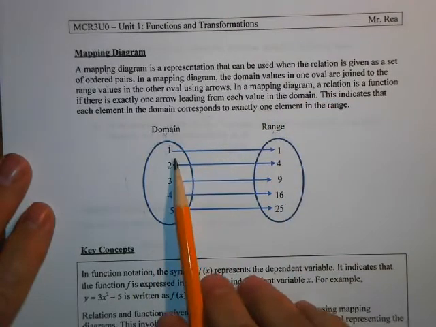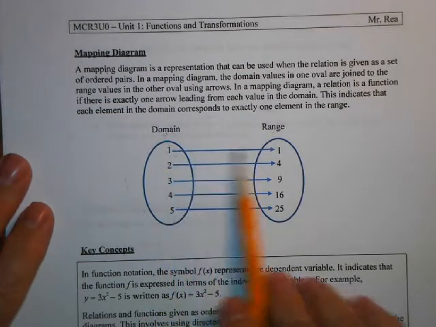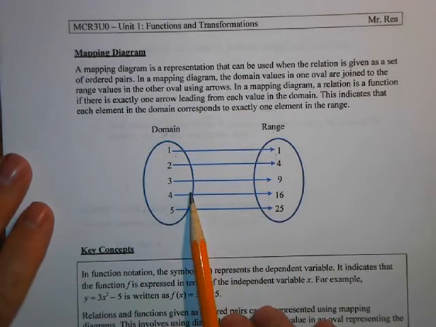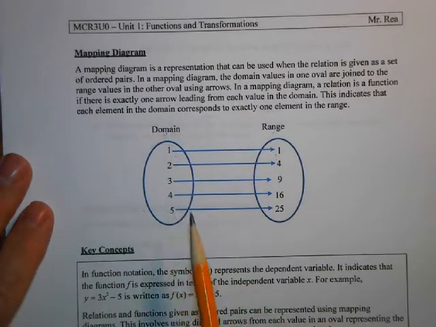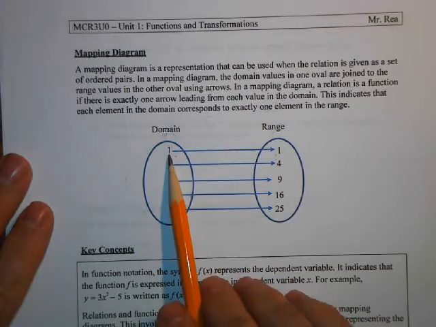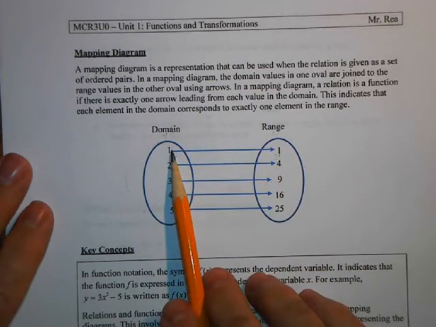Okay, and here's where the mapping comes in. You draw a line from the domain values towards the range values. Now, you don't just randomly pick it. We'll see some later on where we make our own mapping diagram. But this basically says, if I give the function the input of 1, it outputs 1. So there's a point.